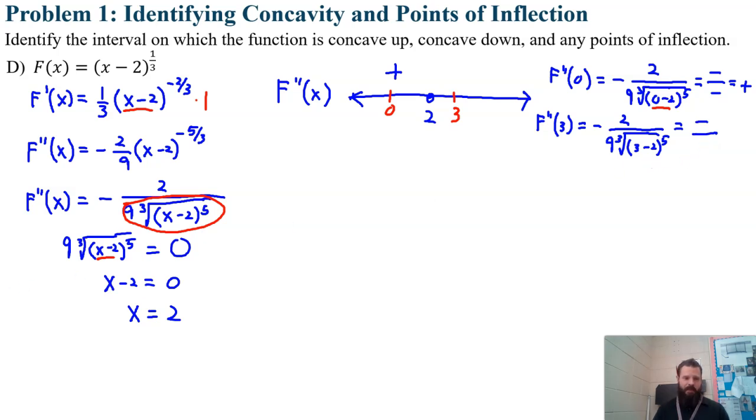And then for the denominator, I know that 3 minus 2 is positive. So when I take a positive number, raise it to the 5th power, take the third root of that, multiply it by a 9, we know we're just going to get a positive result. All right, so negative over positive is negative, meaning that my second derivative function is negative on the right side of 2.